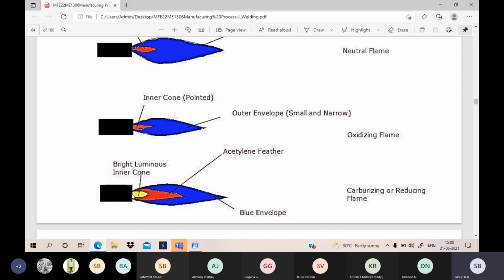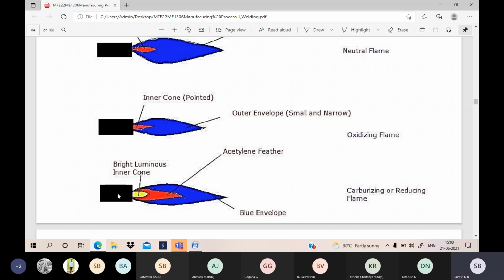The compressed gas is coming out from the nozzle tip, and due to external air, the gas is burnt. At that time only a small amount of heat is generated. Further, combustion takes place near the nozzle tip.